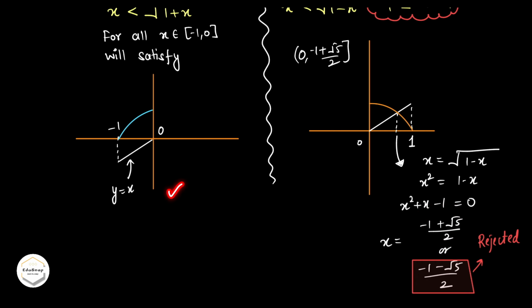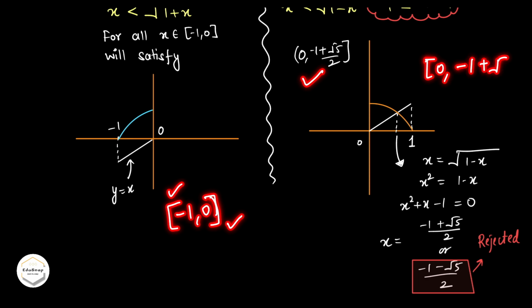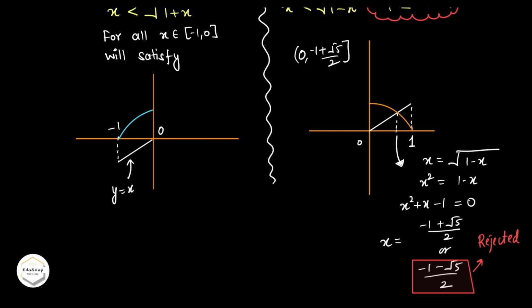So from here we got -1 to 0, and from here we are getting 0 to (-1 plus root 5) by 2. I'm not going to include this point. Why? Because at this point the two curves are equal, and we want this curve to be above this one.